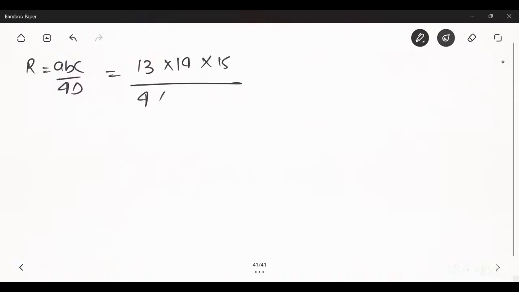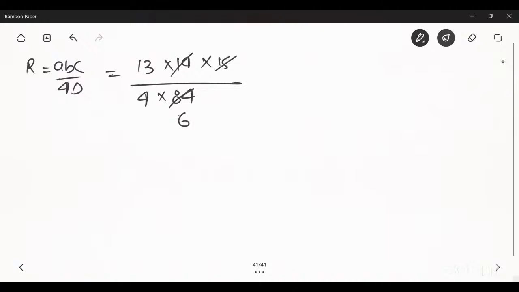Now the value of R is abc upon 4 delta, abc upon 4 times delta. So a is 13, b is 14, c is 15 upon 4 times delta. Delta is 84. So 14 into 6 is 84.